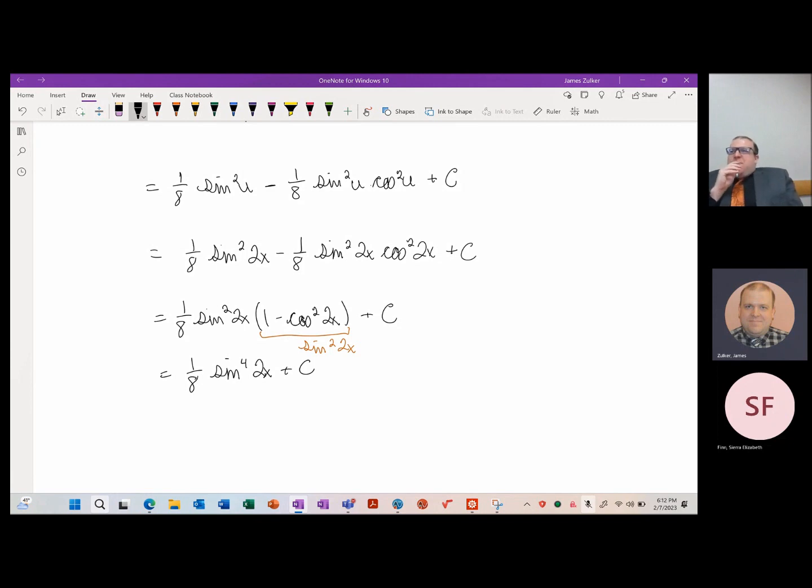That is to show you that the table is not always the solution. U sub right off the bat would have made this take less than a minute. Do not become overly dependent on the table or technology. With a table, first you have to make it fit the proper form, then you have to actually search for the formula.